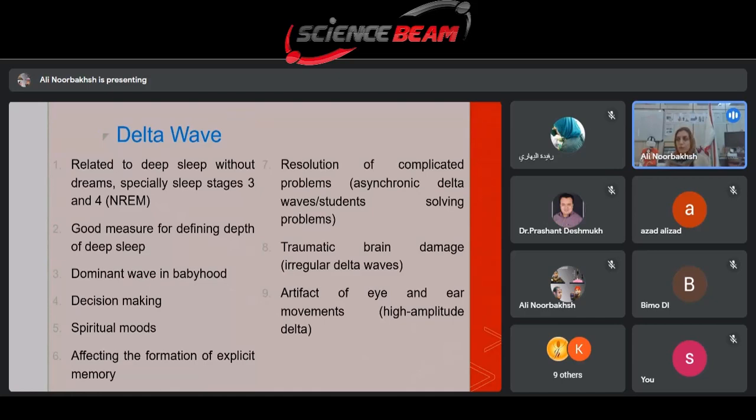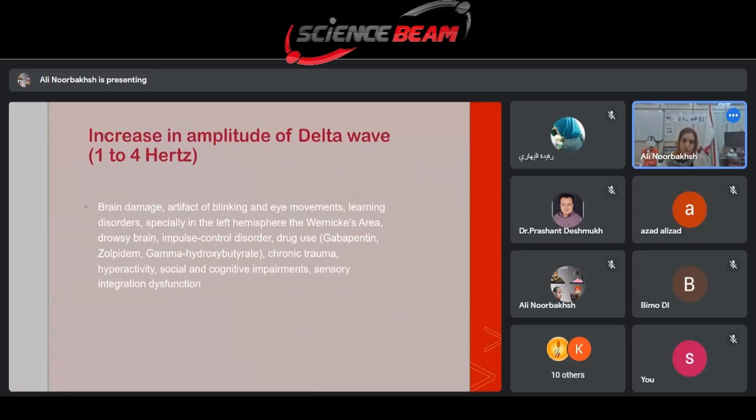It's related to artifacts of eye movement and ear movement. Okay, you can see maybe eye movement, and it's delta wave. Okay, same like delta wave.